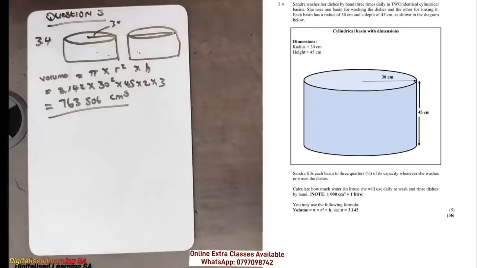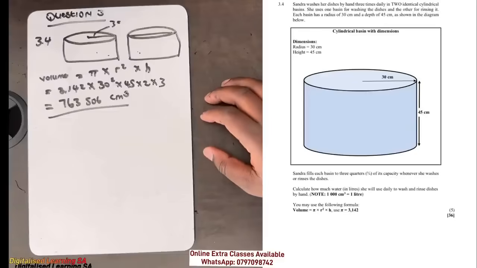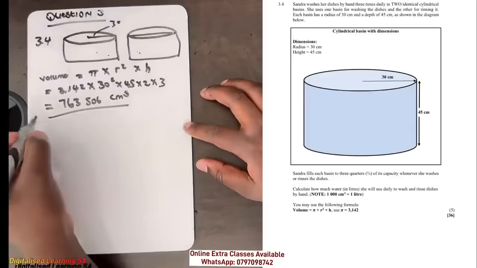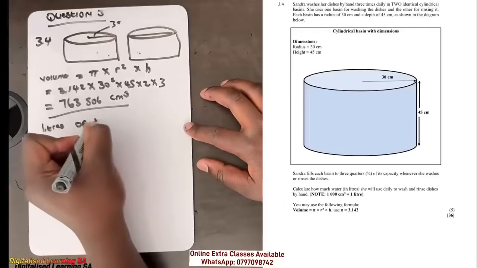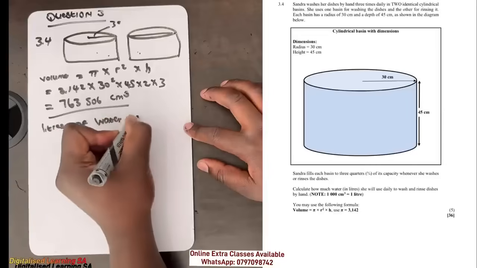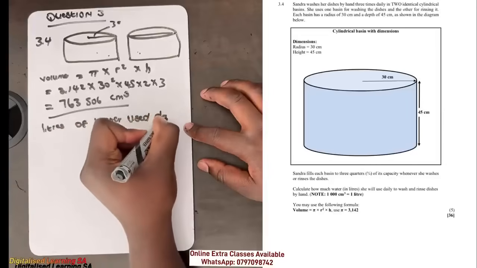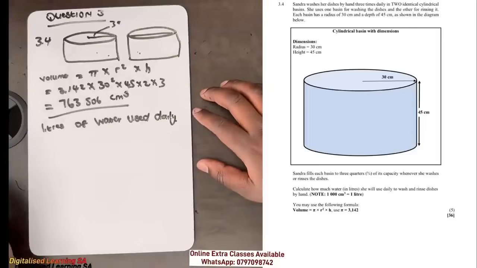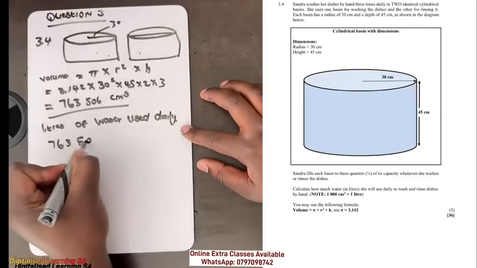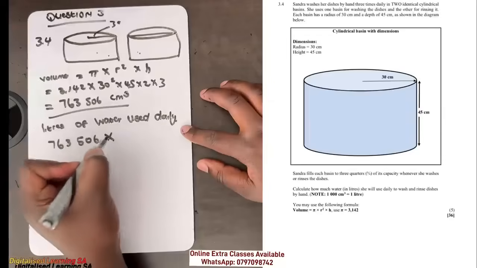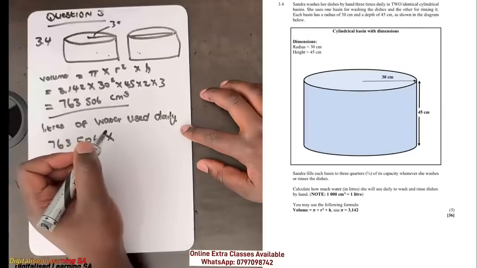And then now we need to calculate the liters of water used daily. So what we need to do first, we take our volume of 763,506 and multiply by the liters of water used daily.